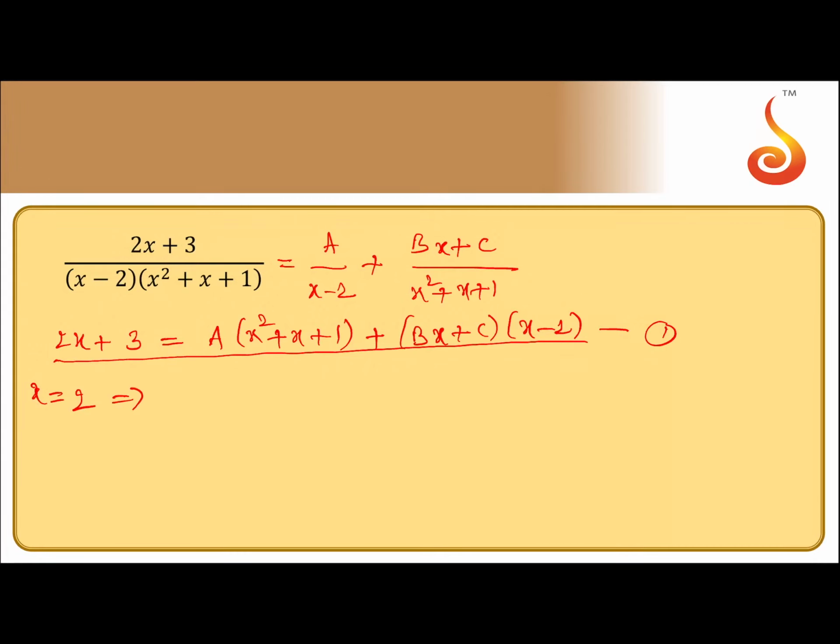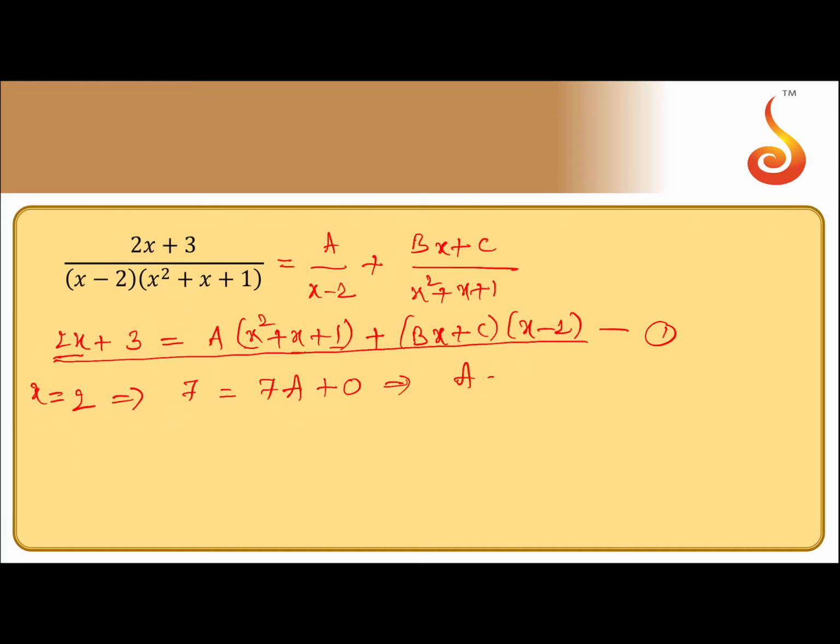You'll get 2 times 2 is 4, plus 3 is 7 on the left-hand side, which equals 4 plus 2 is 6, plus 1 is 7, times a, plus 0.